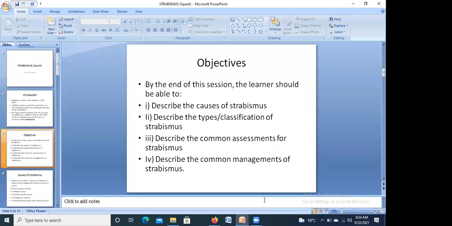Our lectures will aim at addressing the following issues: the causes of strabismus, the types or classification of strabismus, the common assessments for strabismus, and management of strabismus.